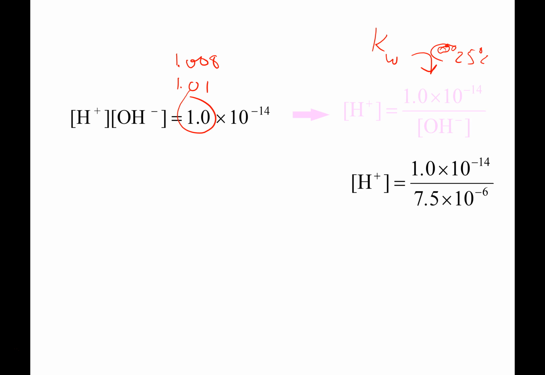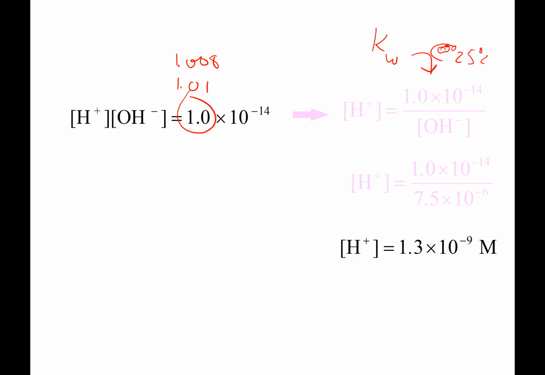Substituting in, your hydrogen ion concentration will be 1.0 times 10 to the minus 14 divided by your hydroxide ion concentration, 7.5 times 10 to the minus 6th. Rounding to 2 sig figs, you're looking at 1.3 times 10 to the minus 9 moles per liter. Then, of course, to get to pH, we're going to take the negative log of that.